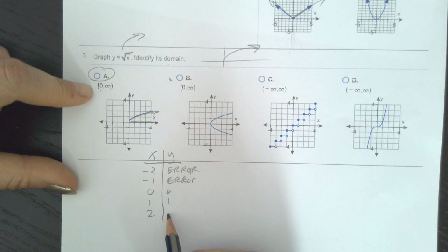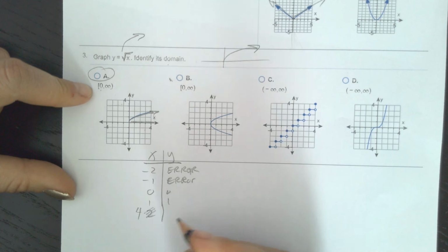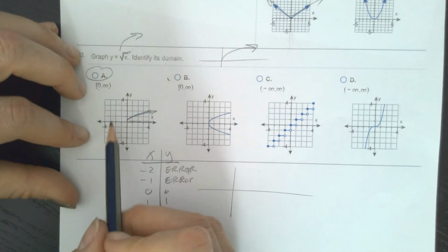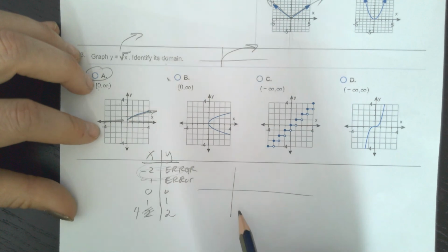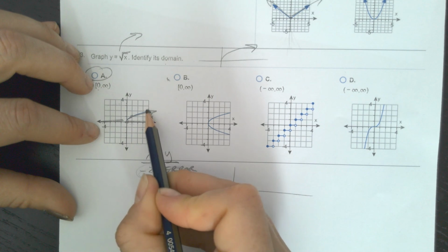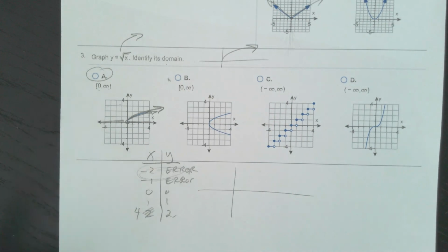The square root of 2 is a weird number, so you'd go, okay, let's not do that. Let's do 4. There. And then when you graph it, you can see it does not exist on the negative side. These don't work. But it goes 0, 0, 1, 1. If it's 4, it's 2. Okay? So if you forget, just graph it. It's okay.